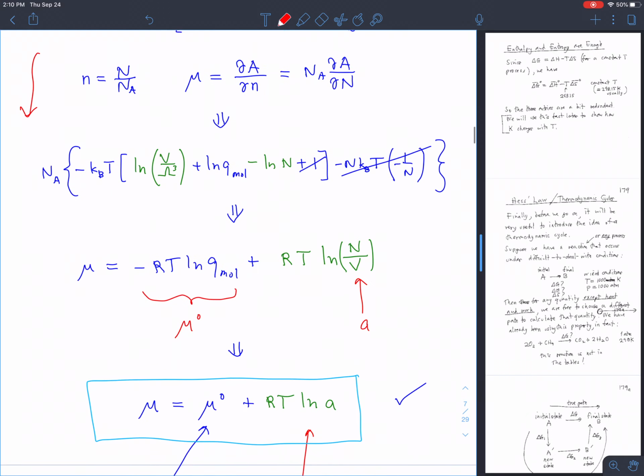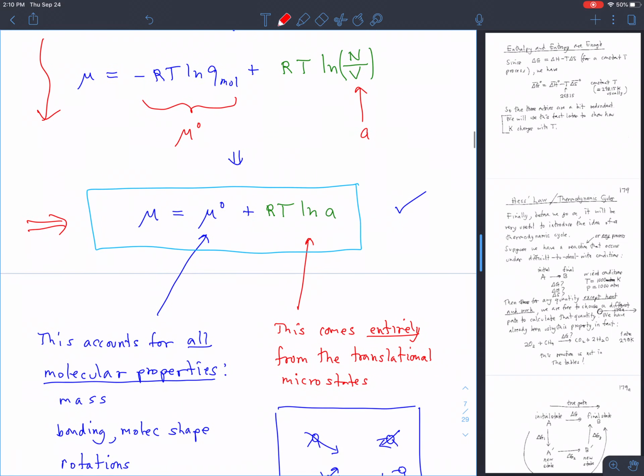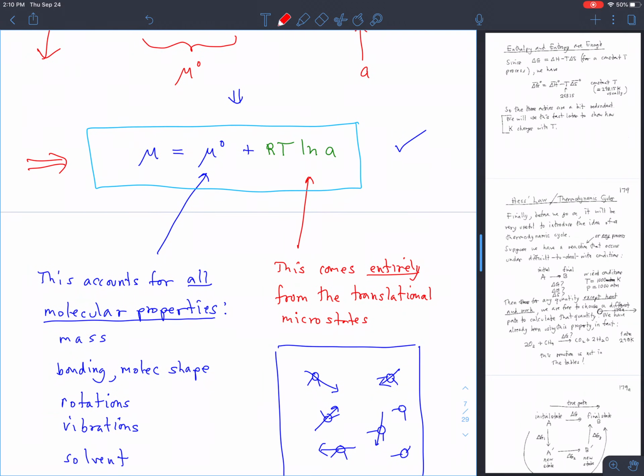After that it just becomes algebra, to derive our equation of state for the chemical potential. And the only real reason for doing that derivation is so that we could understand what role each of the terms in this equation of state is playing, where they come from, and what physical properties they're accounting for.